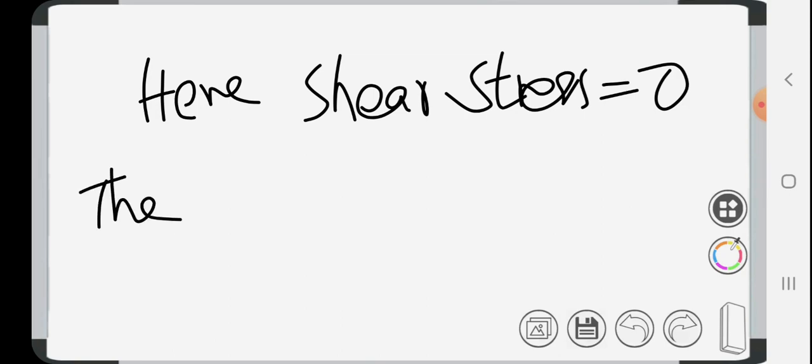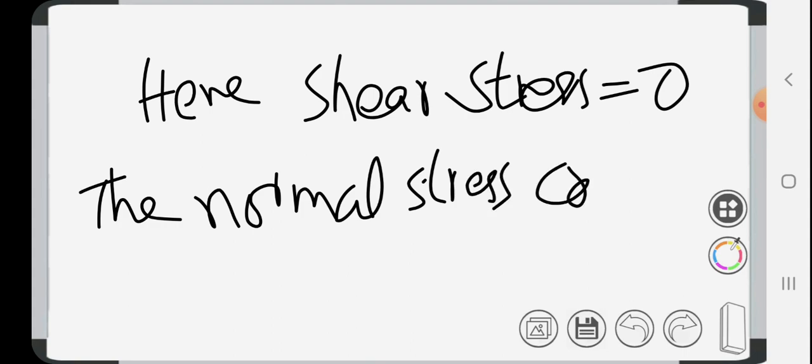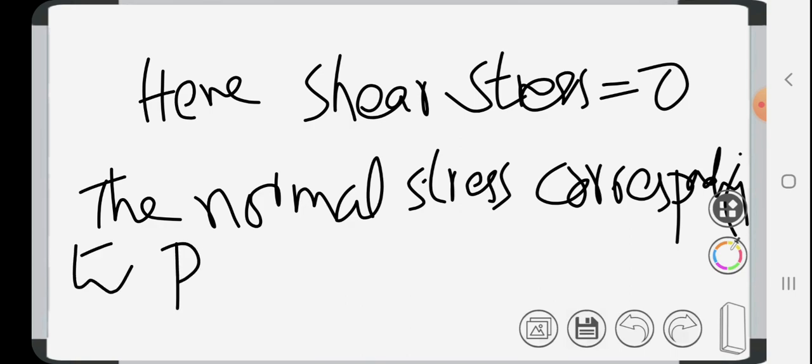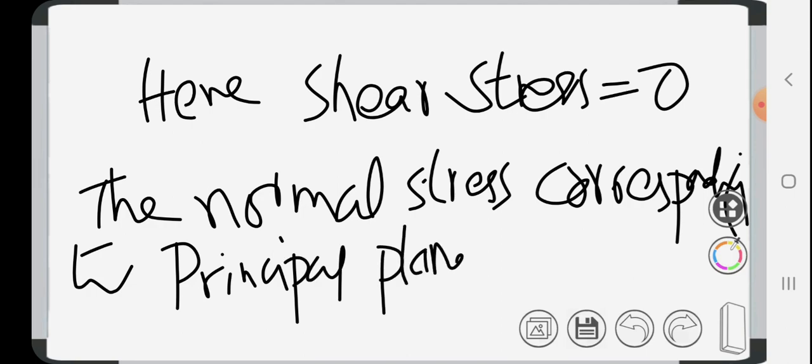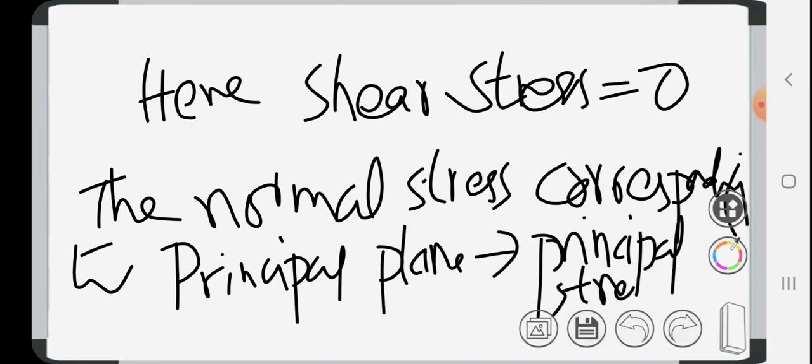The normal stress corresponding to the principal plane is called the principal stress. The value of stress in the principal plane is the principal stress.